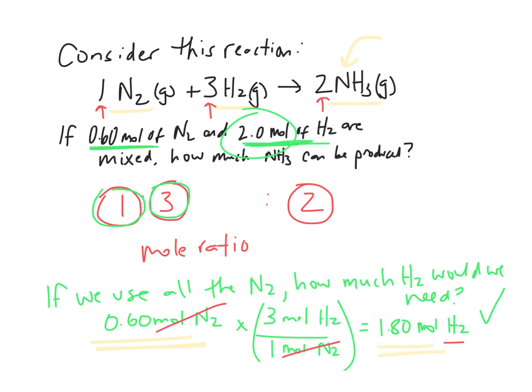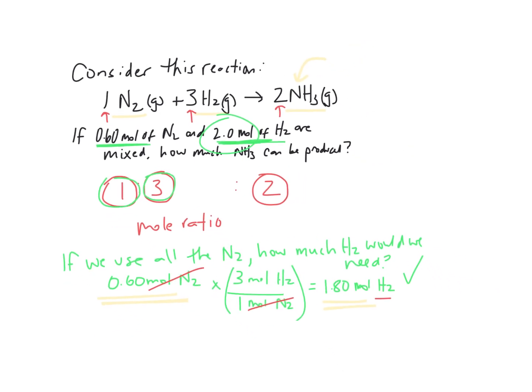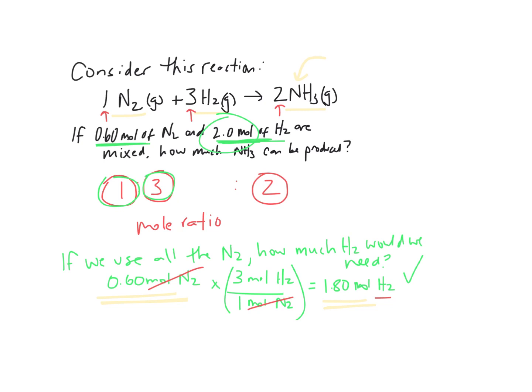We would have leftover H2, but we would consume all of the N2. So therefore, N2 is the limiting reagent. It's going to run out first. It's going to control how much product we can make. And that's because when we tried this test, it satisfied that test.